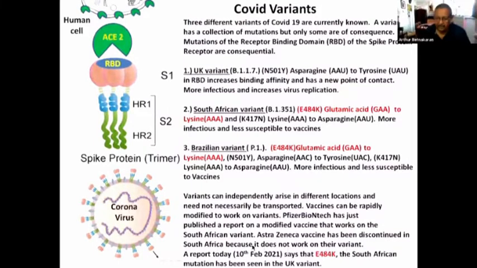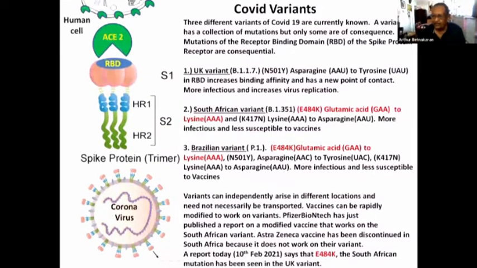Pfizer-BioNTech has just published a report that they modified the vaccine so that it works on the South African variant. That's the beauty of the whole thing, because all these vaccines have a platform that they have developed. So all they have to do is change the antigen part alone, and they can produce a new vaccine.